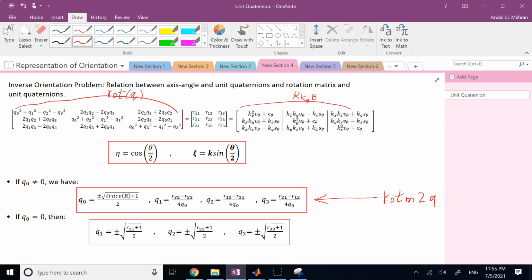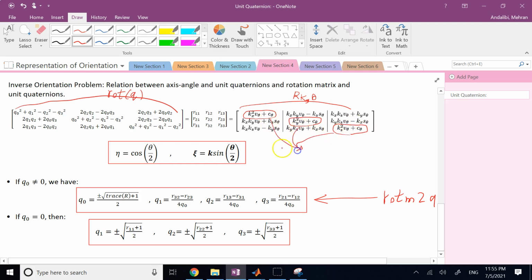So it says q naught is going to be cosine of half angle. Where does that come from? Well, if I add the diagonal elements, or basically calculate the trace of this, we have done it, if you remember.